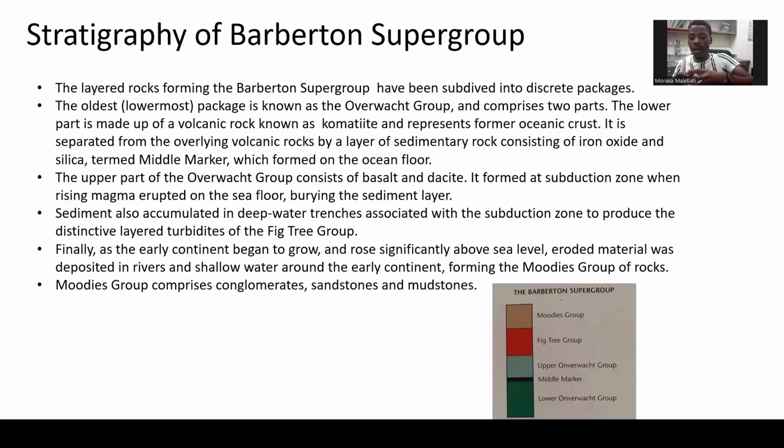Because the land was exposed and the rain was also taking place, we are expecting clastic sedimentary rocks in the Moodies group. So this basically represents the Barberton supergroup.